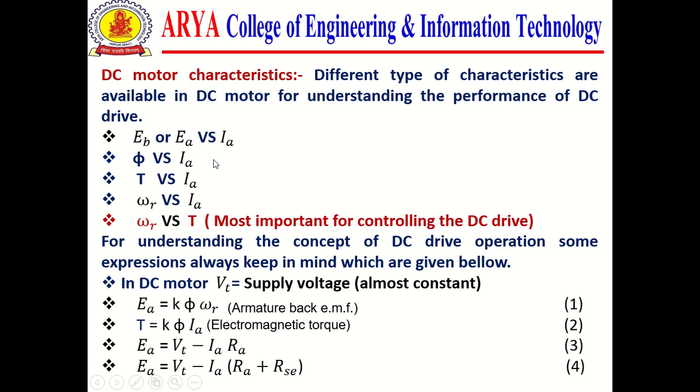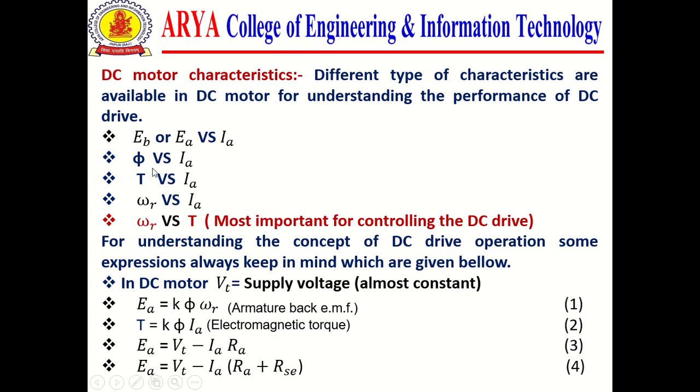So you look here, first we have back EMF or armature voltage across the DC motor versus armature current. What is the impact of armature current on armature voltage?